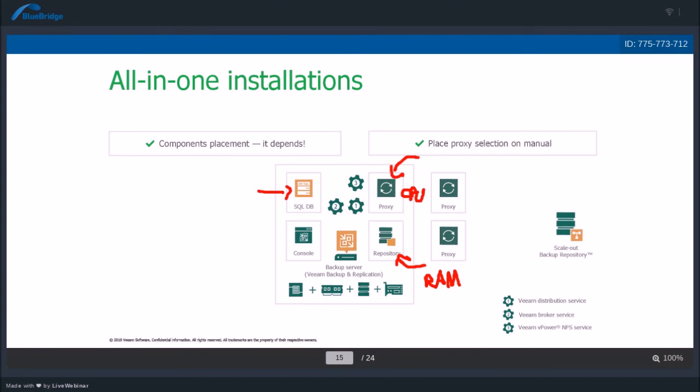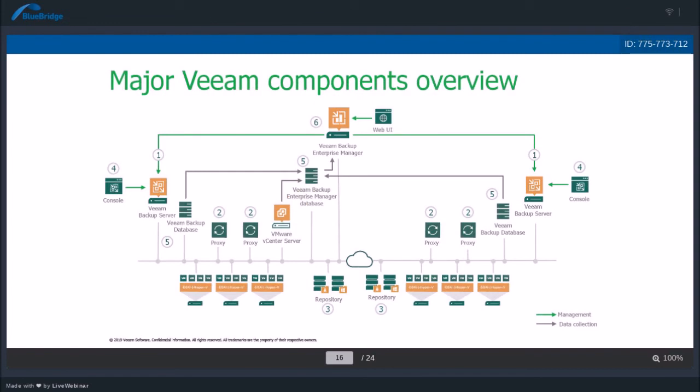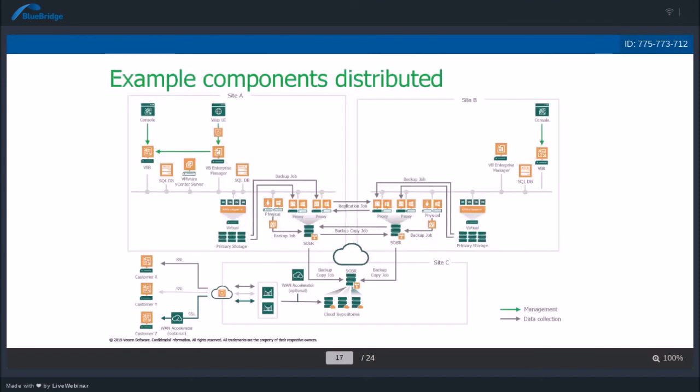So as I said, the good practice would be to make sure that everything is separated. Now, the next slide is going to be quite a shocker because it's quite a big environment, but a very good practice would look something like this. If you have two locations, you can see right here, we have site A and site B. We basically have a Veeam Backup and Replication server right here for backup purposes.